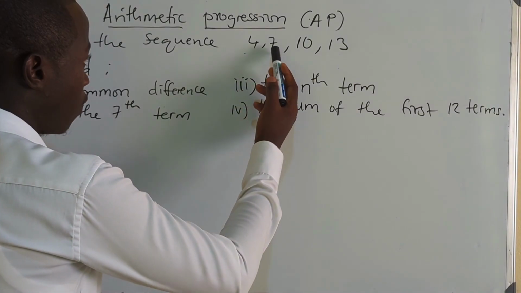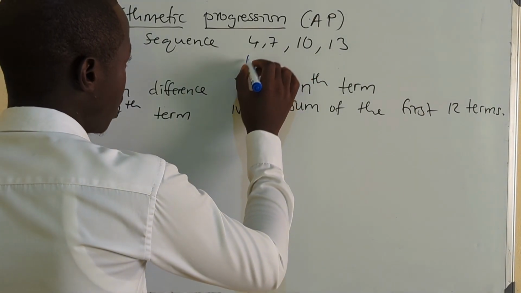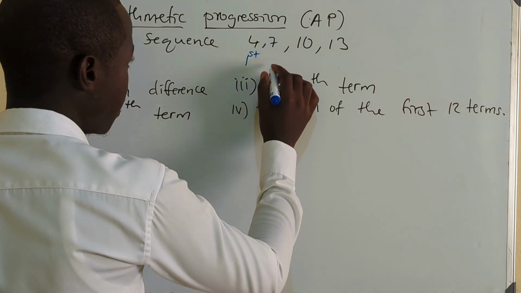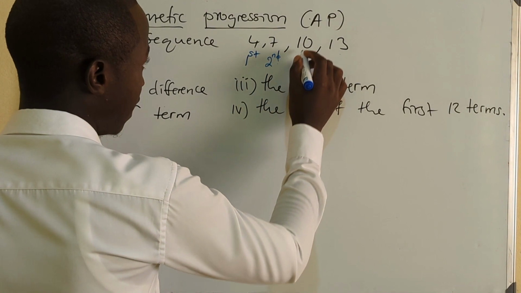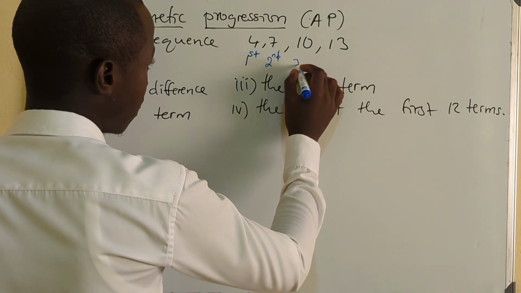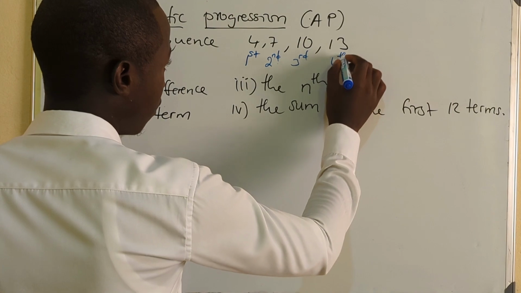So here we have 4, 7, 10, 13. This 4 is considered to be the first term, and this 7 is the second term. This 10 is the third term, and this 13 is the fourth term.